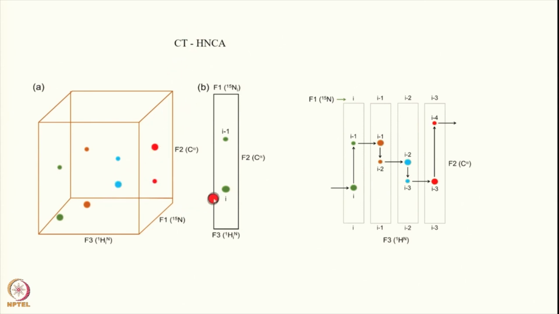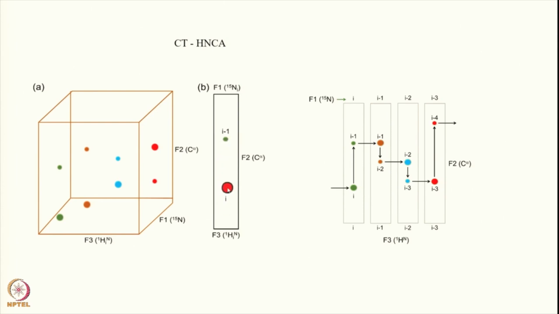Okay. So if I take a cross section at any particular N15, this is the F1 axis, I have 2 peaks. One of them is the residue I, the other is the residue I minus 1. These have slightly different intensities, by and large they may not, but sometimes you do have slightly different intensities because this coupling constant is slightly larger than this coupling constant, because this is dependent on the 2 bond coupling, whereas this is dependent on the 1 bond coupling.